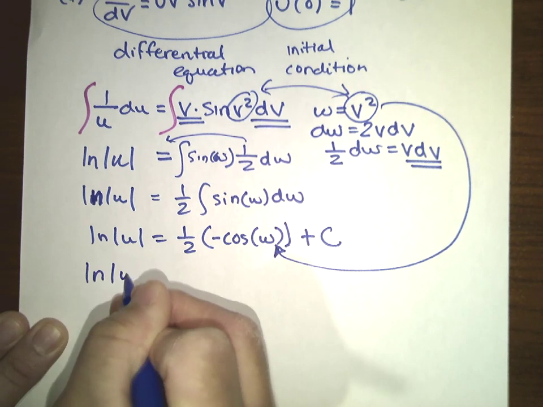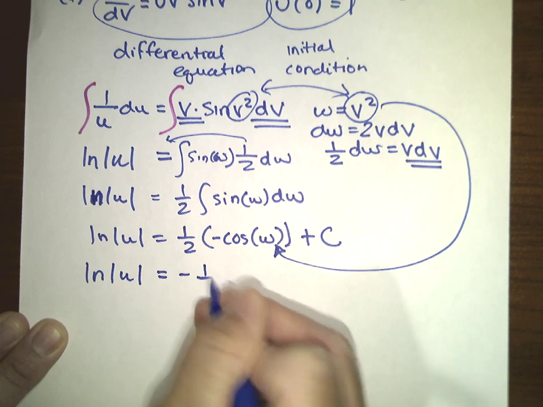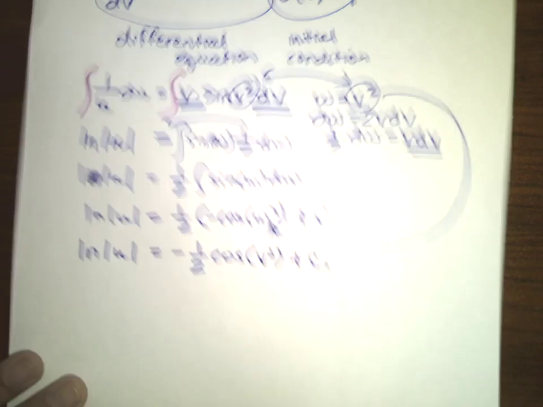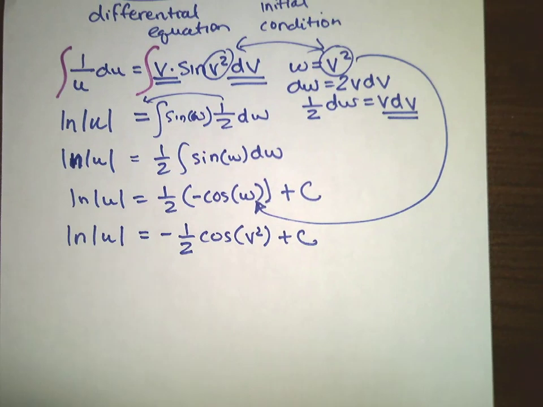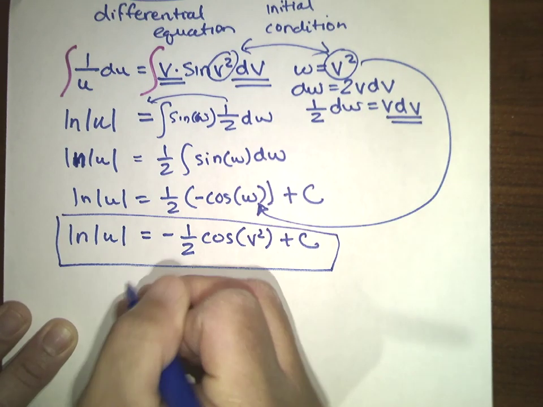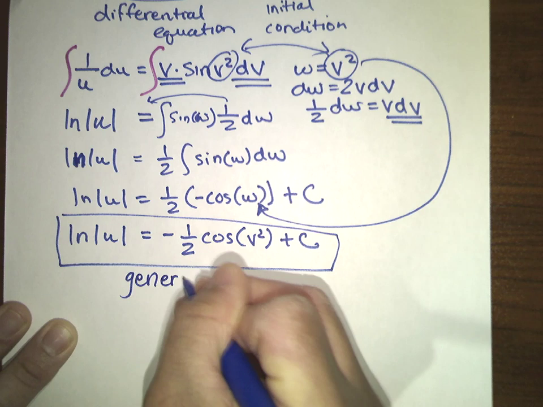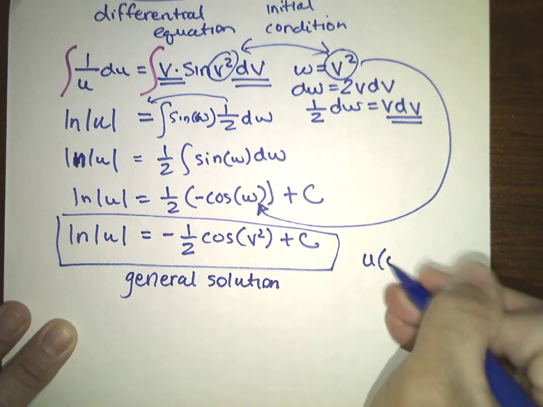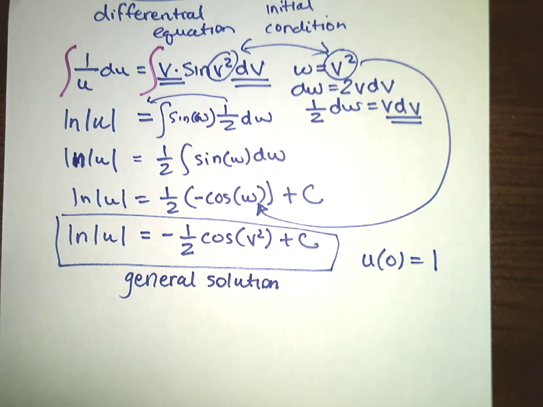So natural log of the absolute value of u is negative 1/2 cosine of v squared plus c. So then I see that this is my general solution. All right, so this is a general solution to the differential equation, but then I know u of 0 is equal to 1. So make sure that you know which letter is which.